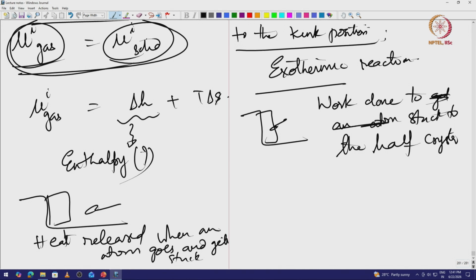So, the work done to remove an atom from the half crystal, and the negative of that rather, because it is an exothermic reaction. So, I have what is called phi half, which is the work done to get an atom stuck to the half crystal. Now, what is that? This thing we have calculated earlier, right.